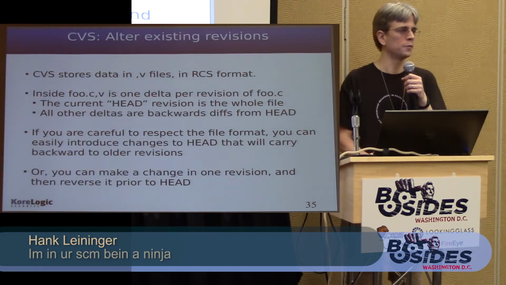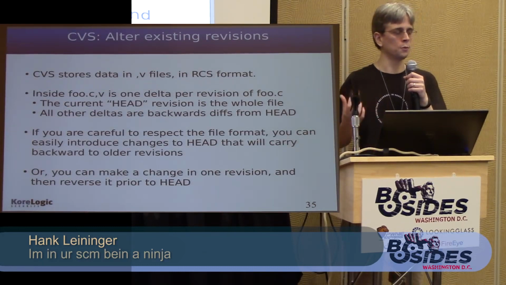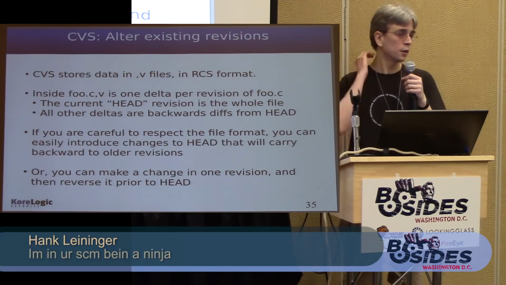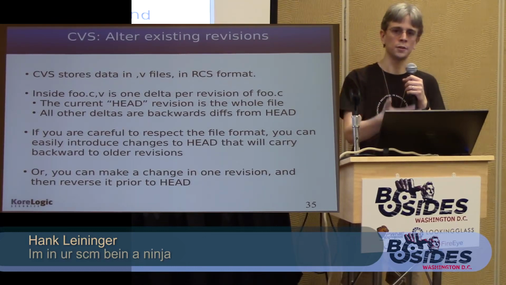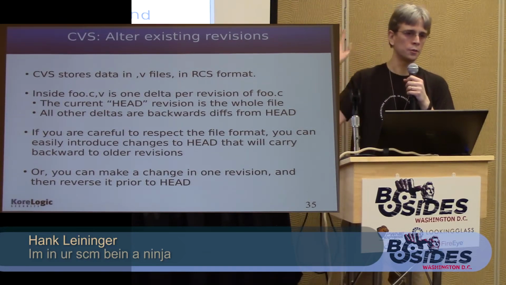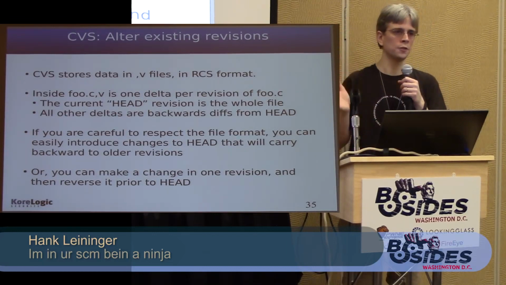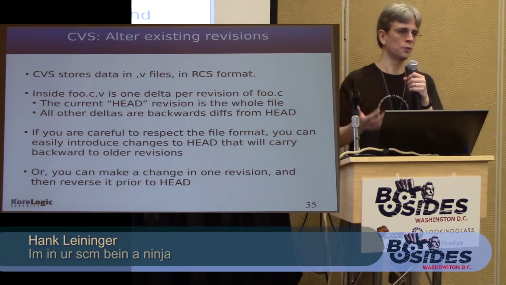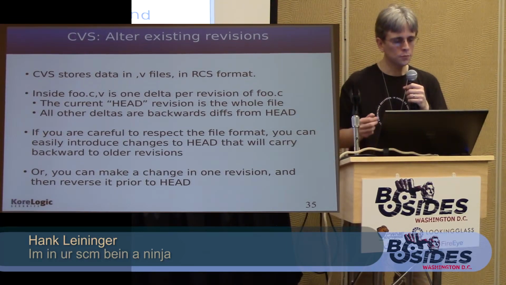Just to explain it a little bit so that this makes sense, CVS stores data for files that it's tracking in files called .v files. Every file in your project has a corresponding .v file on the back end. Those .v files are in RCS format, because even older than CVS is RCS, and CVS uses its disk format.